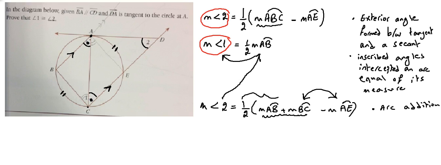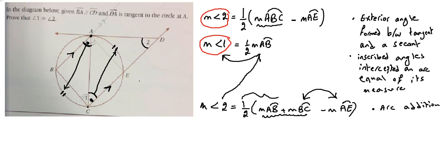This angle BAC is an inscribed angle that faces arc BC. And this angle ACE is an inscribed angle that faces arc AE. This angle faces arc BC, so it is equal to half the measure of arc BC. And this is half the measure of arc AE.